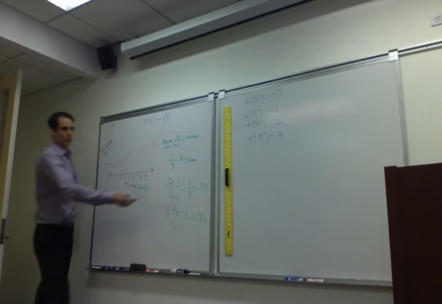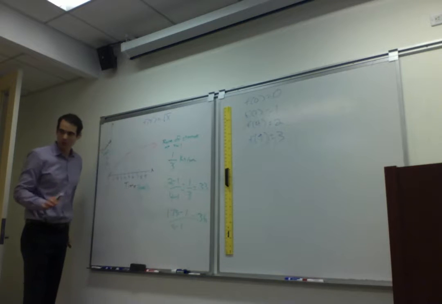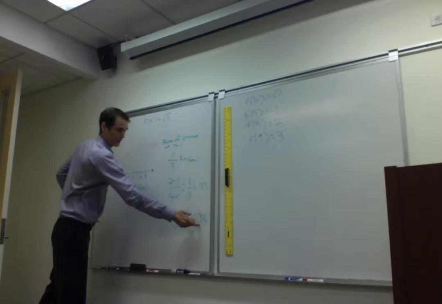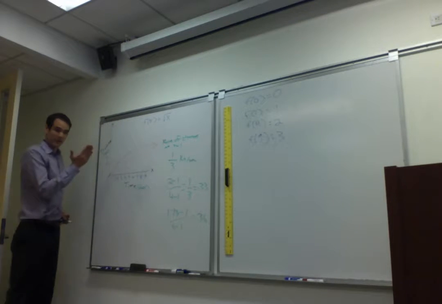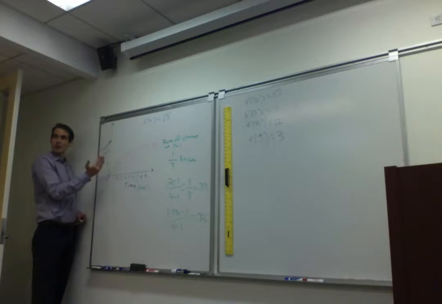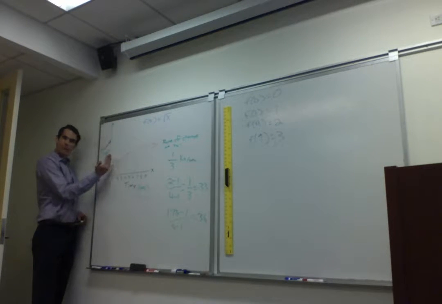Which one of these is a faster slope, a faster speed? 0.36 is a bigger number, so it's a little bit steeper. So from 1 to 3, it had a higher rate of change. We'd expect that, because as we try to get closer and closer to 1, we would expect that slope to curve up.